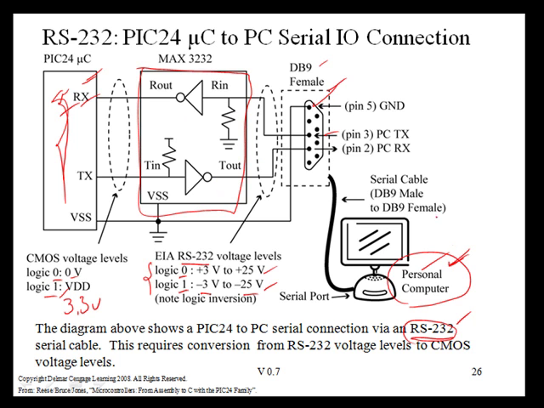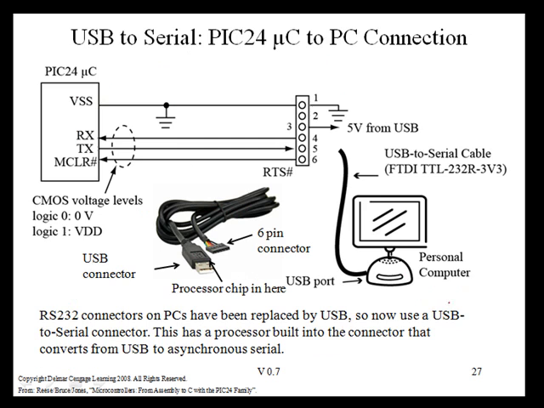These days, most personal computers no longer have the special connector in the back that supports RS-232 because this serial standard has been replaced by the Universal Serial Bus standard, which is standard on all PCs. So now we use a special cable, and these are manufactured by several manufacturers. We use this particular one that converts between the Universal Serial Bus protocol and the asynchronous serial protocol.